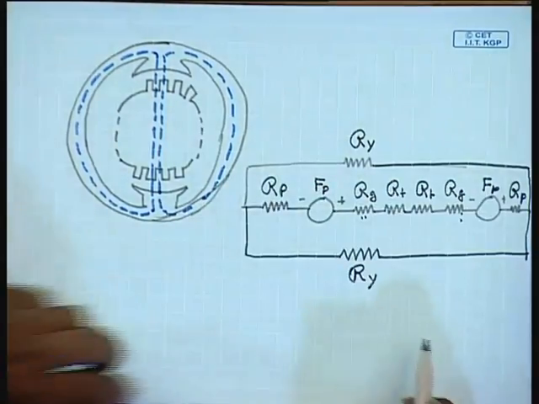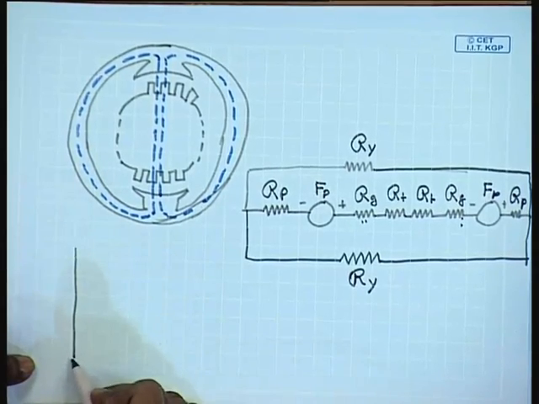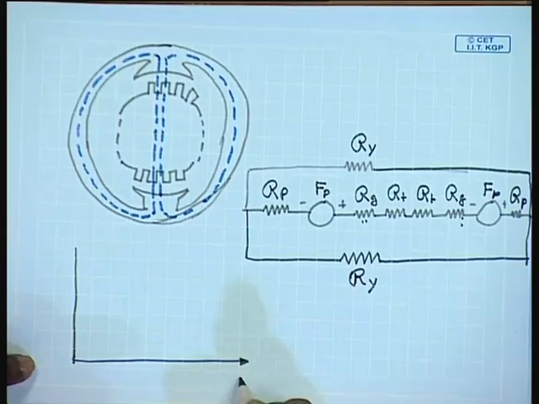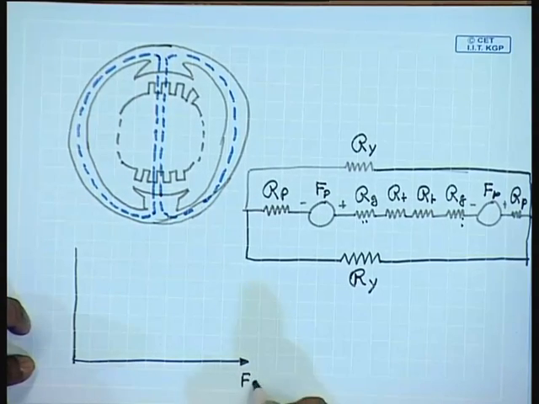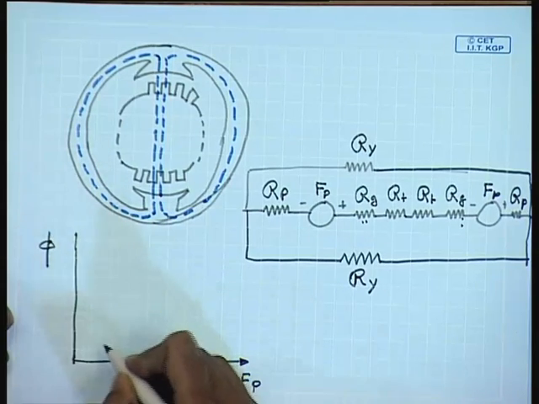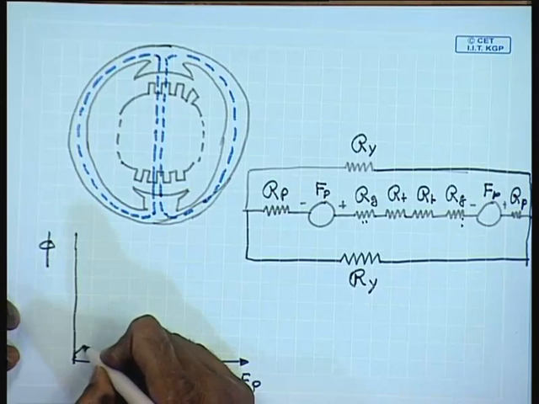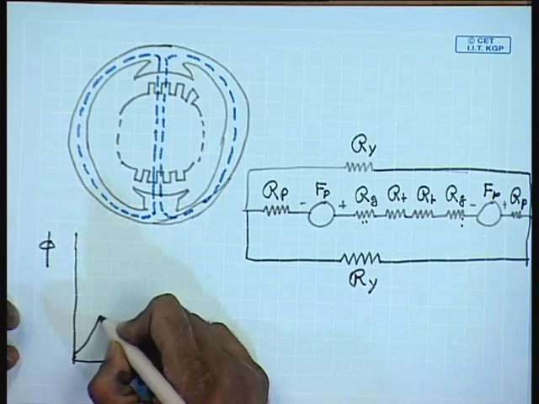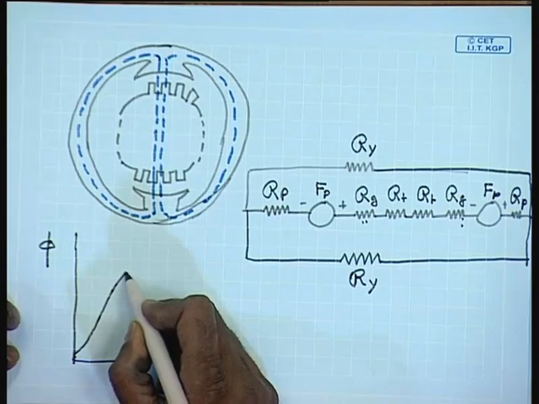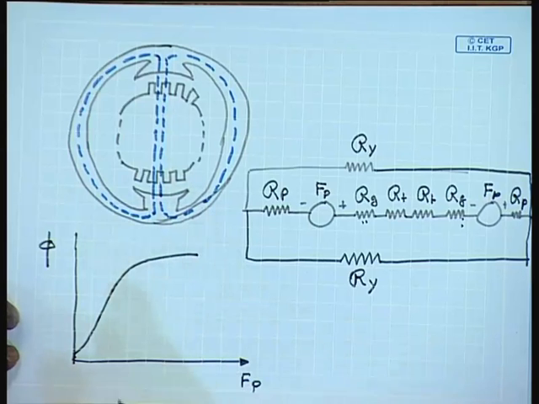Therefore, as the field MMF Fp increases, the field flux phi initially rises in a linear manner as long as the iron remains unsaturated, but later on it shows predominant saturation characteristics and becomes flat.